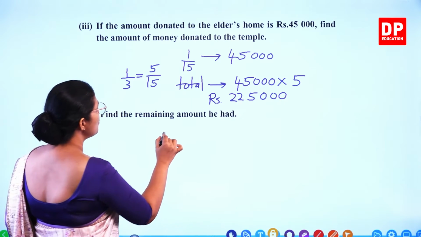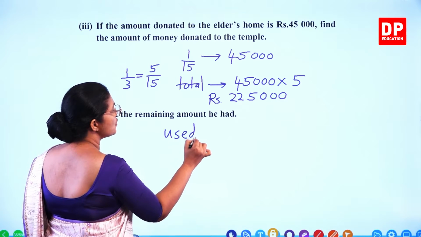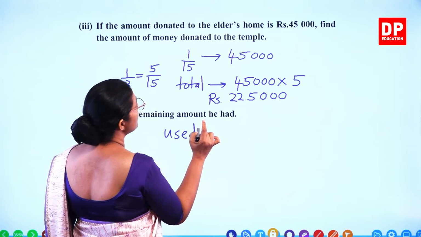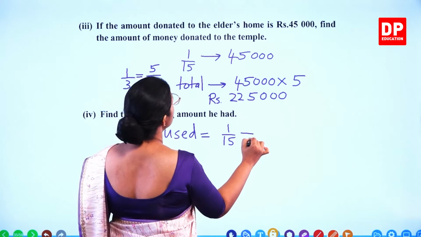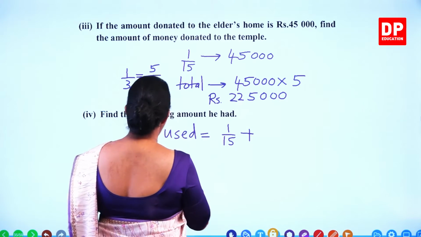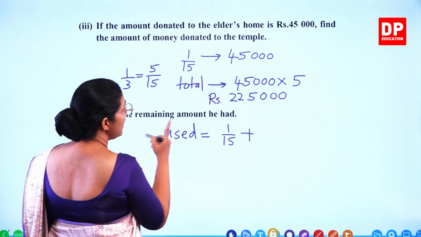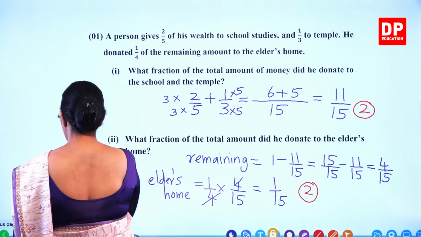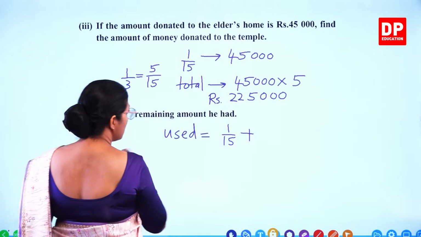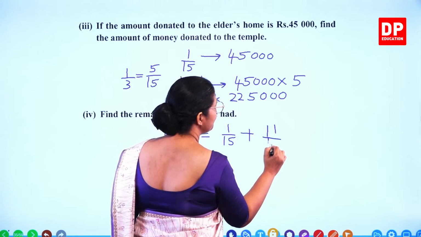Find the remaining amount he had. So what is the used amount? Used amount is 1/15 for the elders' home. And we found 11/15 before.